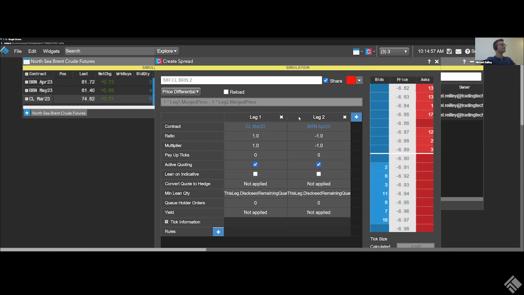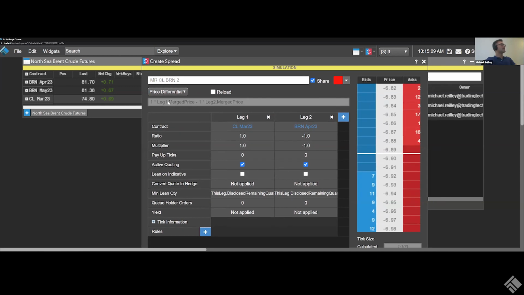Okay, now if we go back up a line here, we have this grayed out line that says, 1 times leg 1, merge price, etc. So this is the equation that is being used for this price differential. Now, as we toggle through these drop downs, we'll see that it modifies the mathematics on that pricing method.